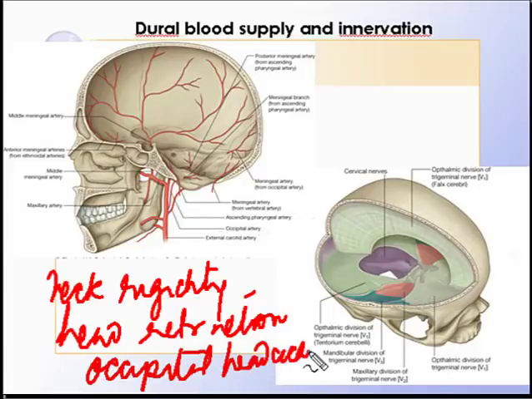And this is because the neck rigidity and head retraction and this occipital headache is all because these cervical nerves, which supply the infratentorial part, also supply the muscles of the neck in that region and the skin in that area. So that's why, because the muscles also get affected, you have neck rigidity and head retraction. And of course the occipital headache is because this region here is supplied by the cervical nerve.